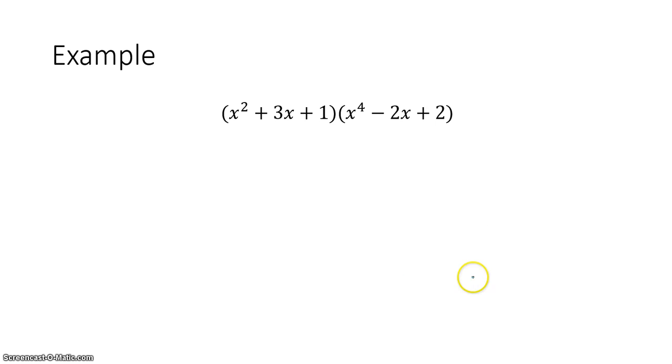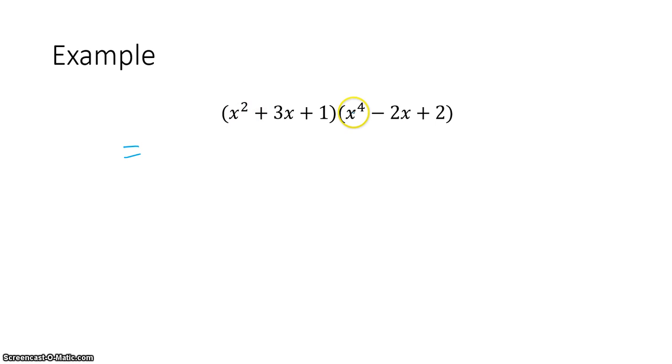One more example of multiplication. A little more complicated than the last one, but remember when we had one term multiplied by a polynomial with 3 terms, we distributed the x squared and the 3x on and simplified further. We can do the same thing here, we'll just have to do it 3 times.